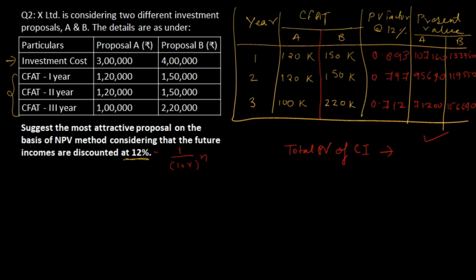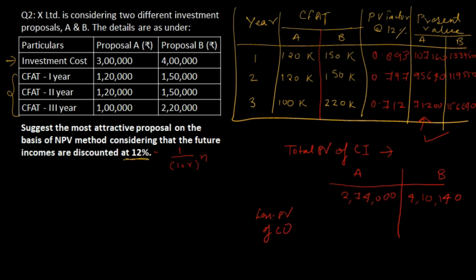So for proposal A and proposal B, the total of this column, the present value of cash inflows for proposal A, will be 2,74,000. For proposal B, the total present value is 4,10,140.